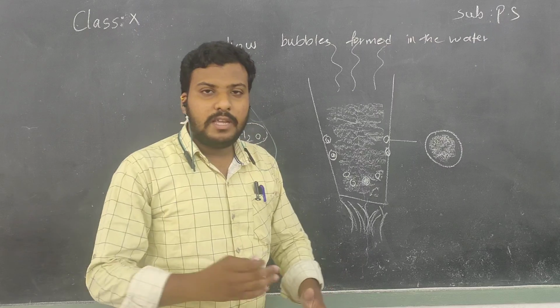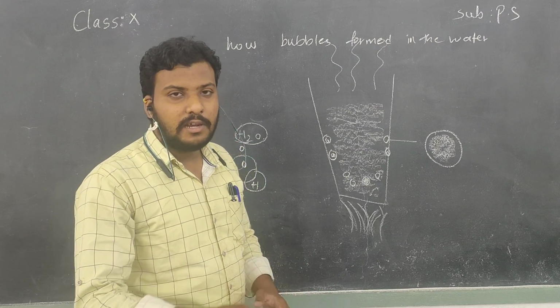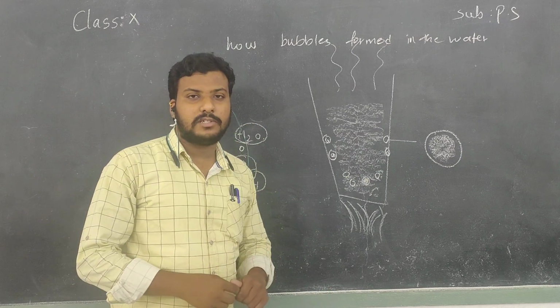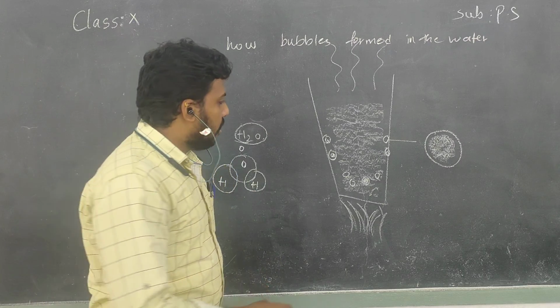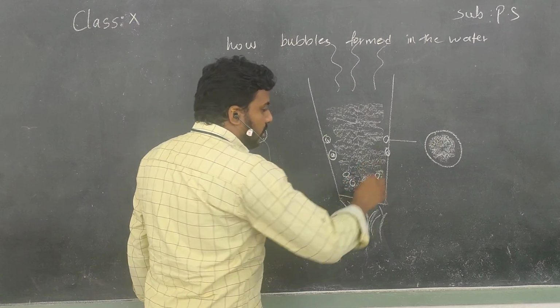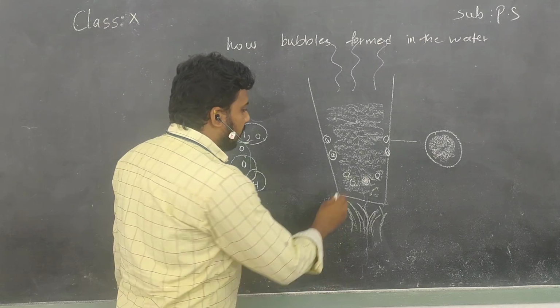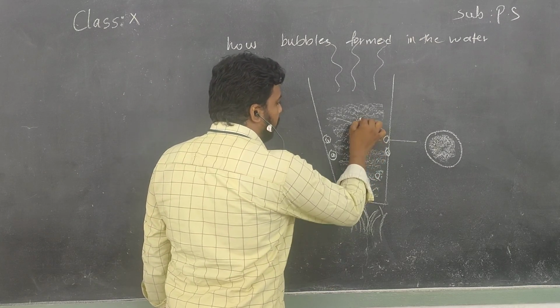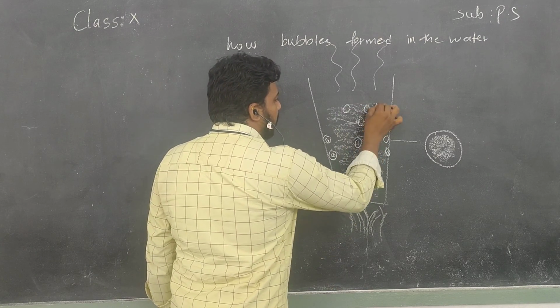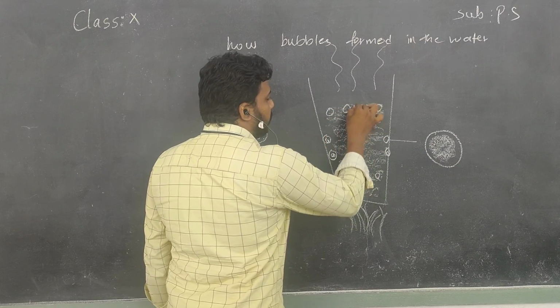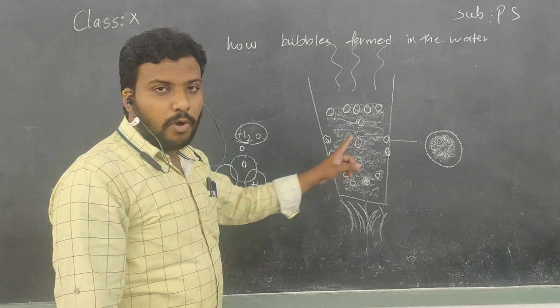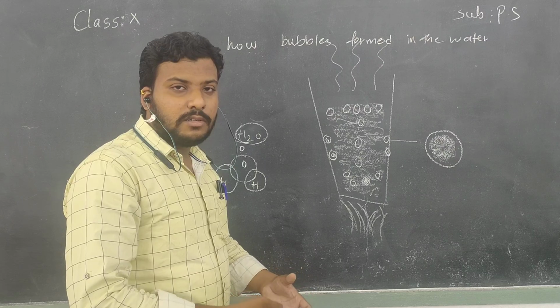If you start supplying heat continuously at a certain temperature and certain pressure, all the bubbles get their energy and rise straight upward, children, and they come to the surface of the water and start bubbling.